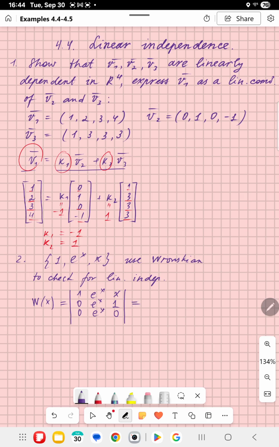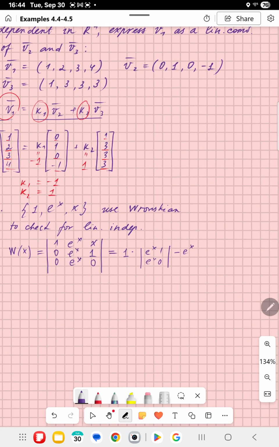Well, it looks like I'm going to use expansion by the first row, so I have 1 multiplied by the determinant of e to the power of x, 1, e to the power of x, 0, and minus e to the power of x. Maybe it's not the fastest way, but let's do it this way.